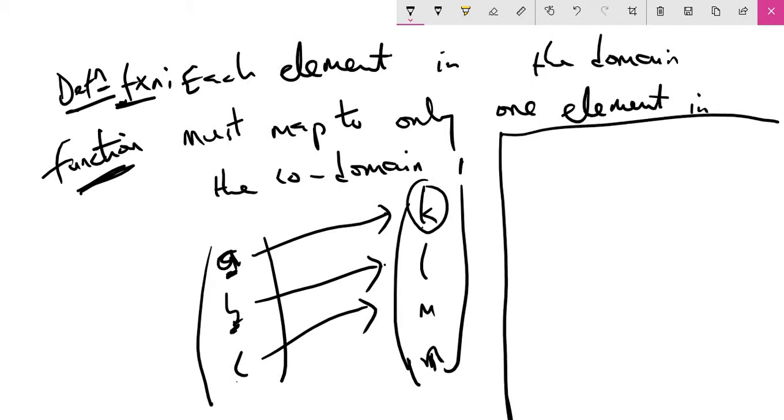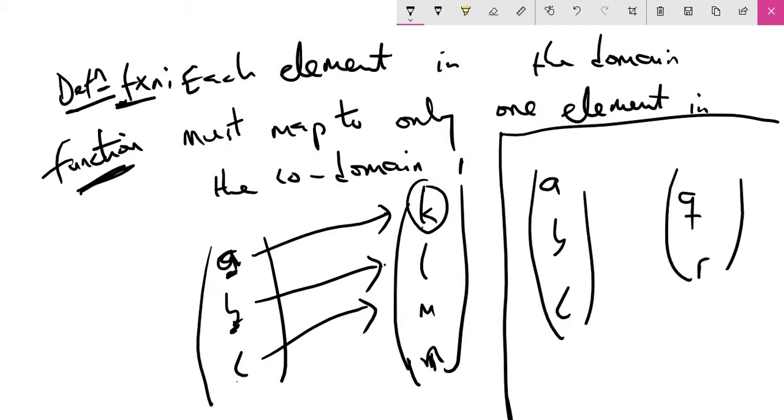Say we had A, B, C, for instance. Then we have Q, R. Then during the mappings, you see that A maps to this, and then A again maps to this, A alone.